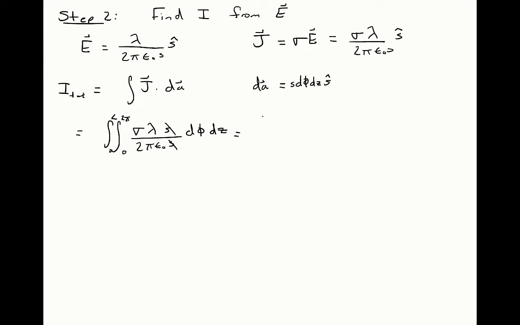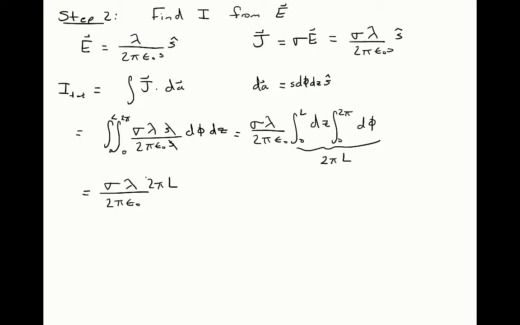That's nice. Let's separate this out. So I always like to pull all my constants out front. Well, all we're left with is constants. So this will be an easy integral. These integrals, we've done them many times before, so I'm not going to work them out in detail. So that gives us 2 pi L. Okay, let's write that out. Our 2 pi's cancel. Okay, we found the current.